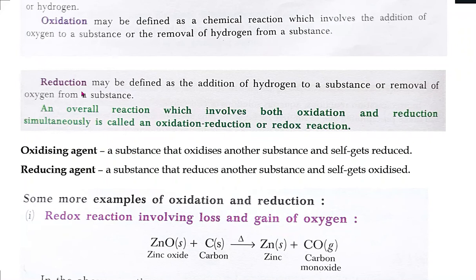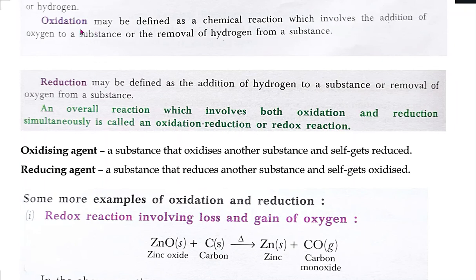Now reduction. Reduction may be defined as the addition of hydrogen to a substance or removal of oxygen from a substance. Reduction is just the opposite of oxidation. So if you remember oxidation, then you can reverse the definition, and it will be the definition for reduction.